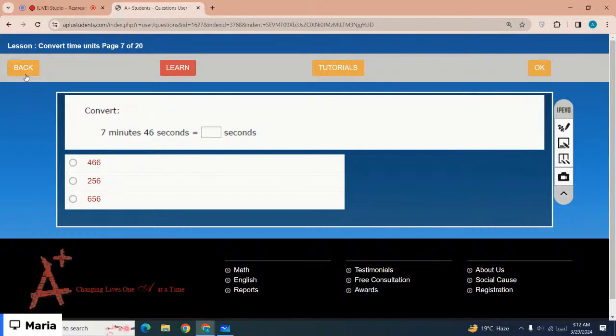So in 1 minute you have 60 seconds, right? You need to multiply 7 minutes with 60. So 7 times 6 is 42, that is 420.